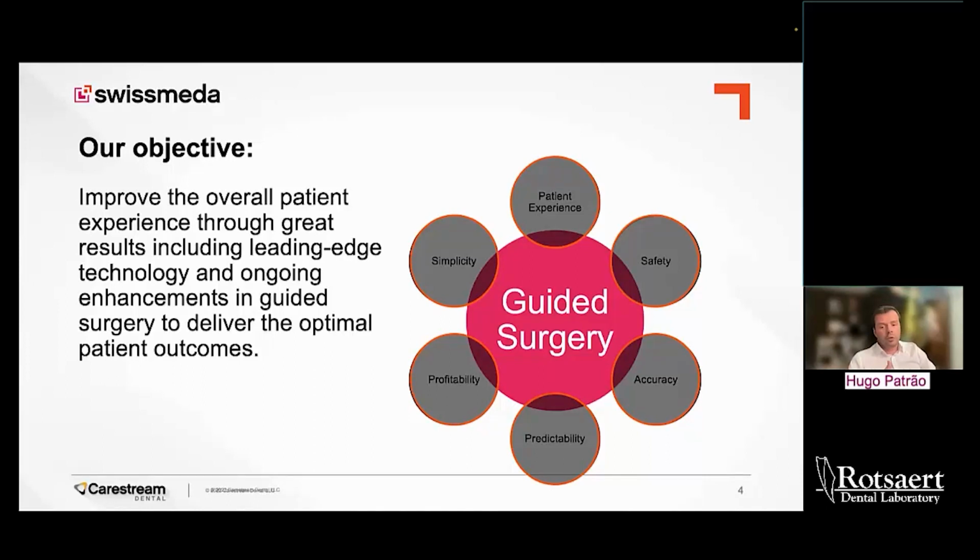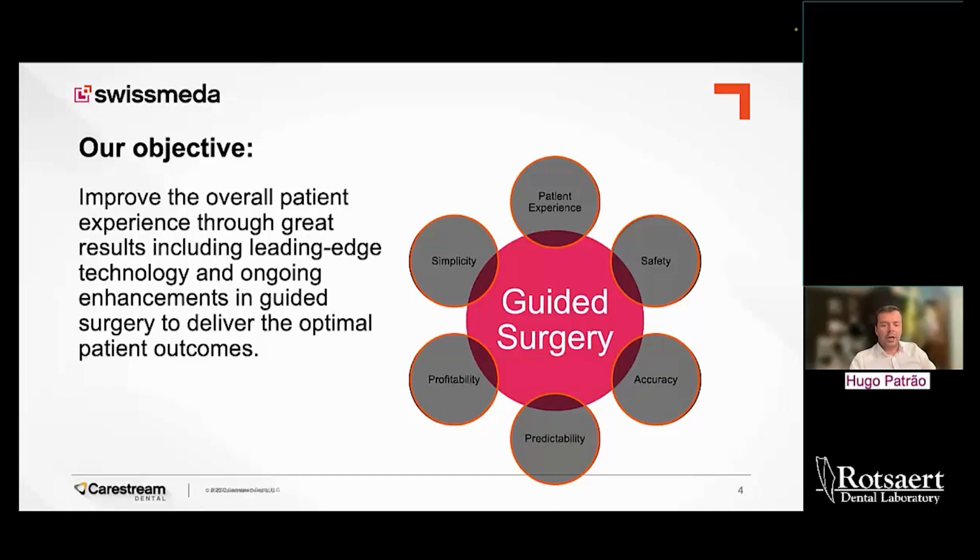And none of them is more or less important when we're doing the plan, because there is no point in having a very complicated, very expensive surgery if the patient is not going to have a good experience. Could be the safety ones, but if the patient doesn't have a good experience, reduced time, the patient will not like it.